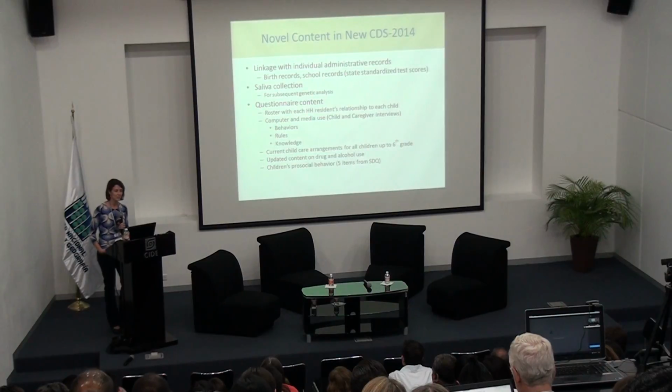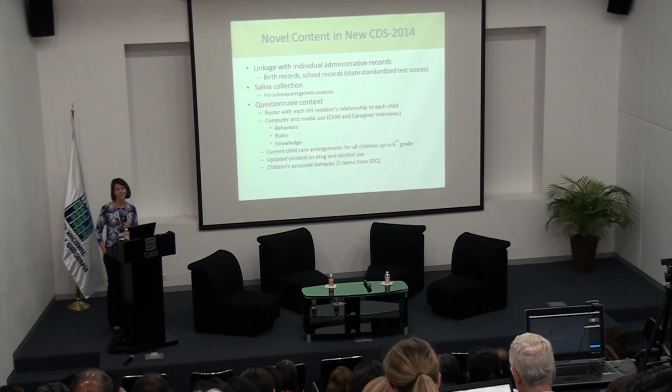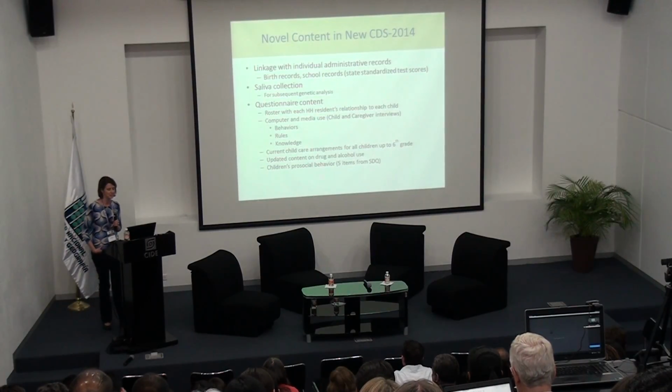For the first time, we're collecting saliva samples for subsequent genetic analysis. This is a really great design because we're getting this from the children and from their primary caregiver, which is somebody they're related to. So we're going to have 2 generations of information.